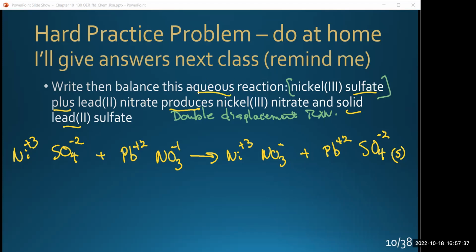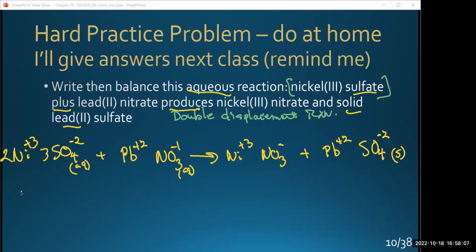Notice this aqueous solution. So the reactants, if we look those up, which we will, we'll find that the two reactants are aqueous and they're AQ, so we will put AQ. Now let's put them together with the correct ratio so we can write the formula. So we got a disparity here again with the +3 and the -2. So basically I'm going to need 2 nickels and 3 sulfates, right?